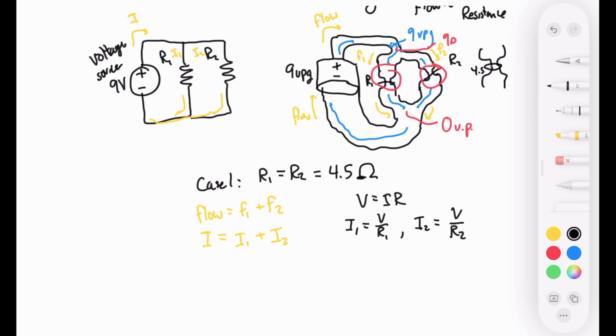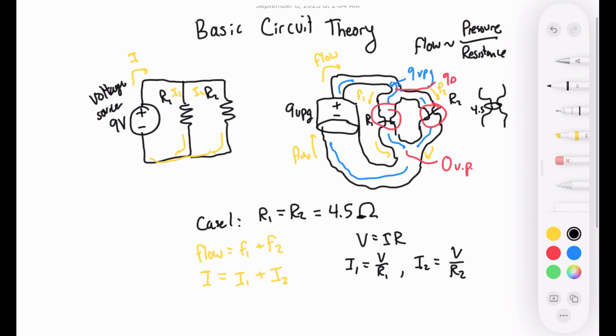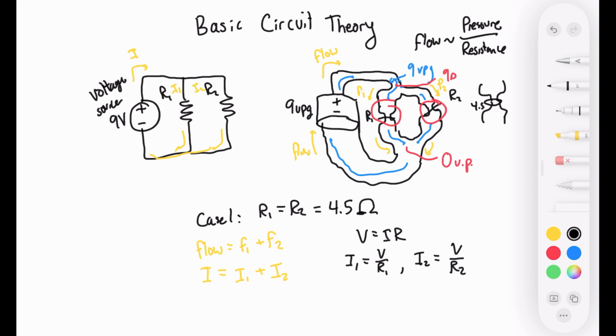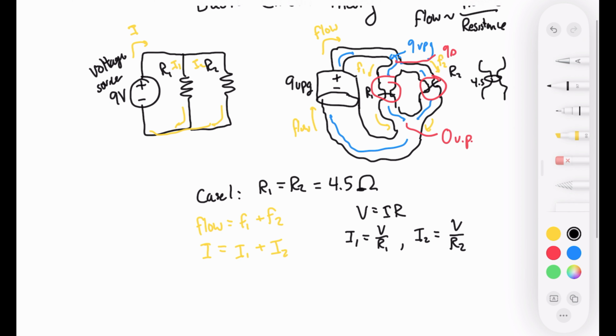In both of our cases, R1 and R2 are 4.5 ohms. Starting with 9 volts, or 9 units of pressure, we get I1 equals I2, which equals 2 amps. So what we see here are 2 amps.